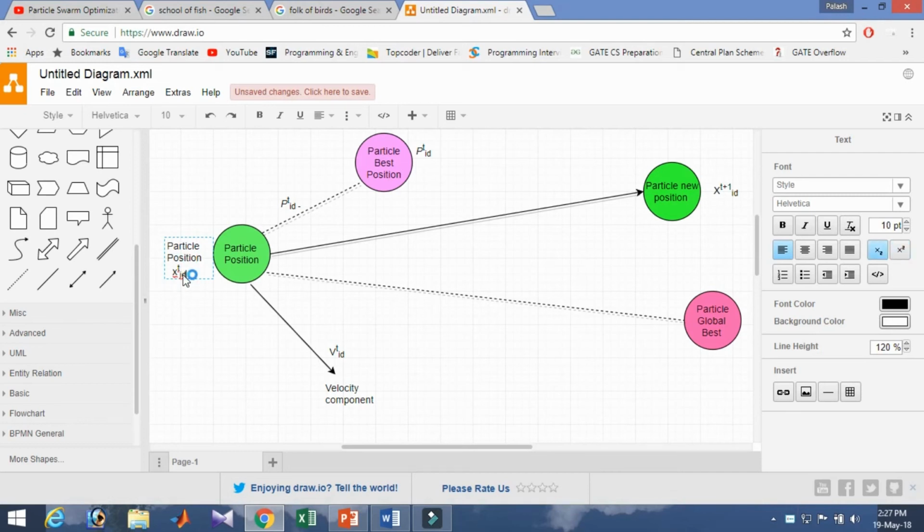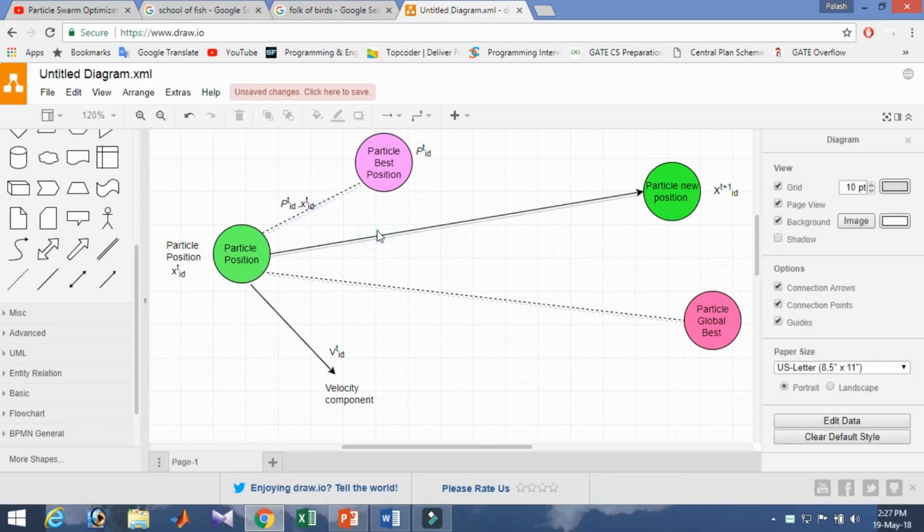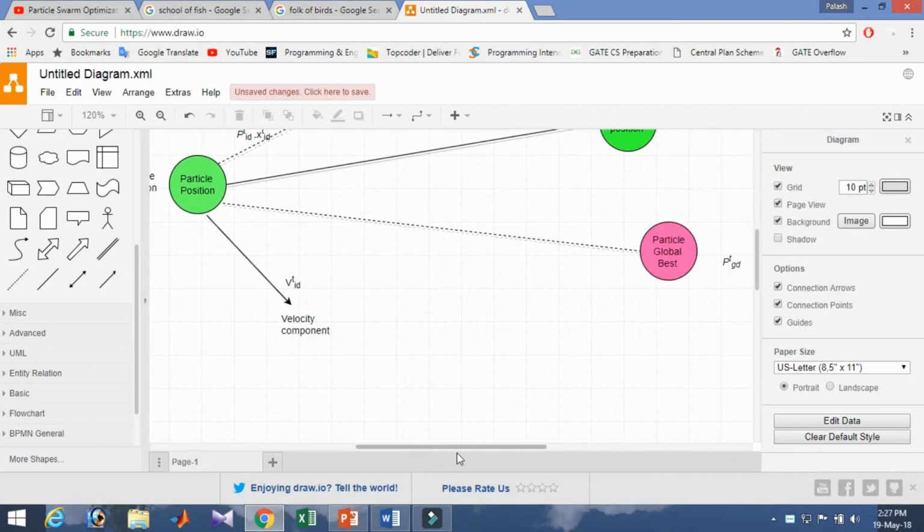Okay, so this will be the equation for that. Like that, the particle new position equations will come later, and it's the particle global best.